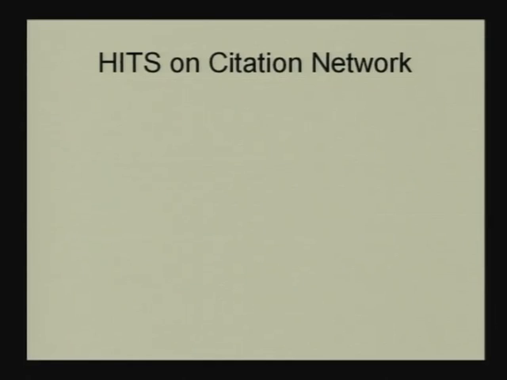So yesterday we discussed the HITS algorithm, and today we will see the application of HITS on a slightly different network. Yesterday we saw it on the web graph, where it's used for ranking web pages. Let's see what the connotation of HITS is when we apply it on a citation network. So what is a citation network?